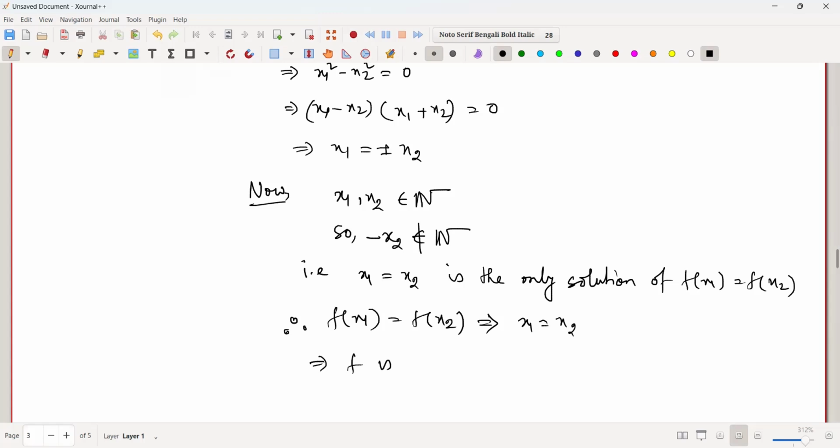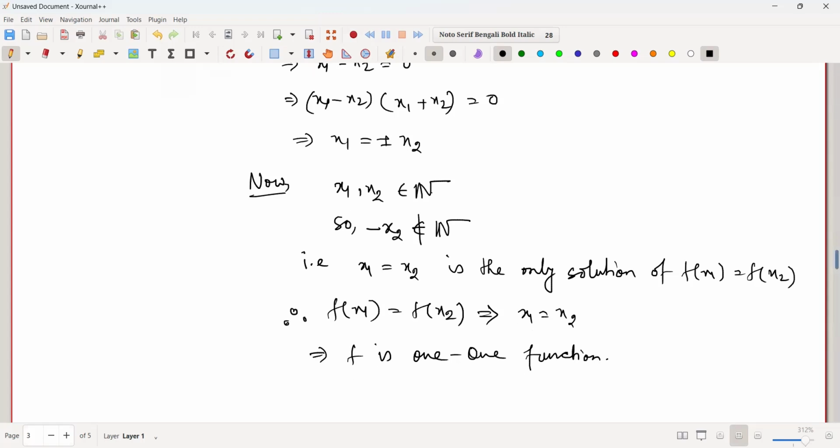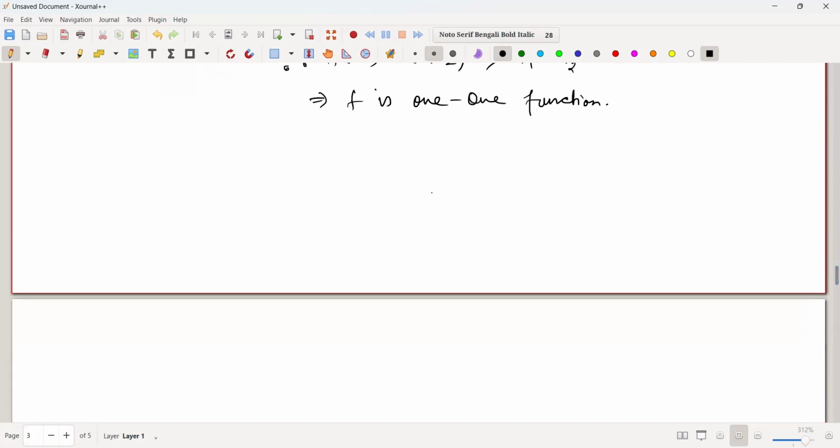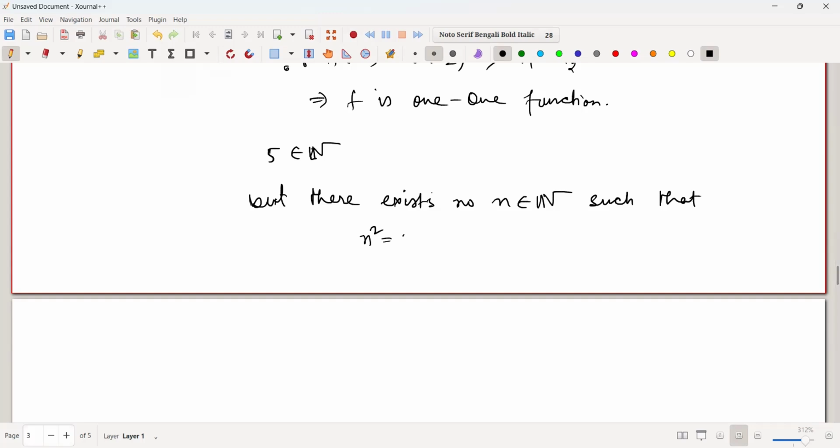That implies f is one-one. Now for ontoness, 5 belongs to natural numbers, but there exists no n belonging to natural numbers such that n square is equal to 5.